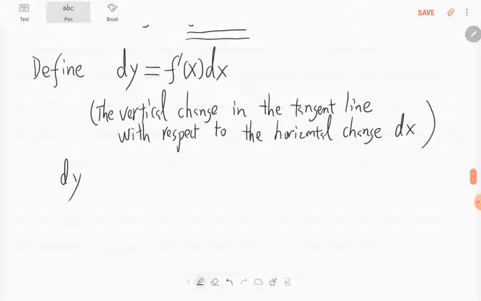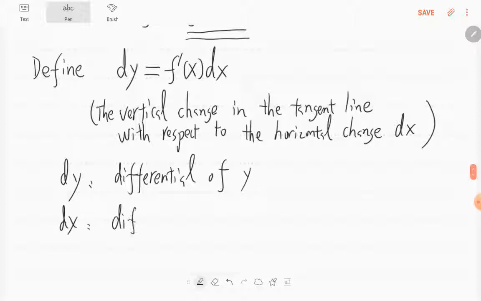dy is called the differential of y, and dx is called the differential of x.